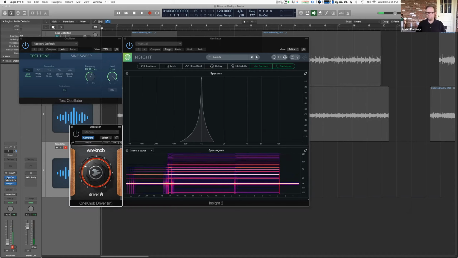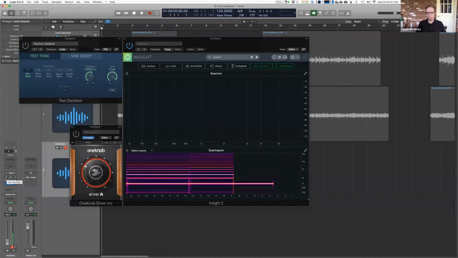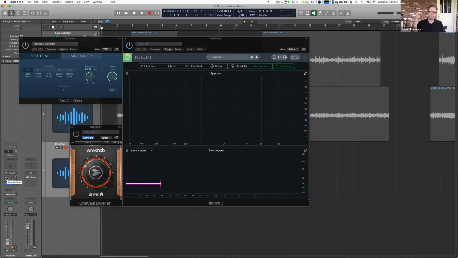So when you clip something, it takes something that used to have, if you graph the amplitude of a regular sound wave, a curve to it, right? Well, when you clip it, the peak of that gets chopped off. The reason we call it a clip is because whatever level you're trying to send it to, there's a limit to how loud you can make something in any circuit, analog or digital.